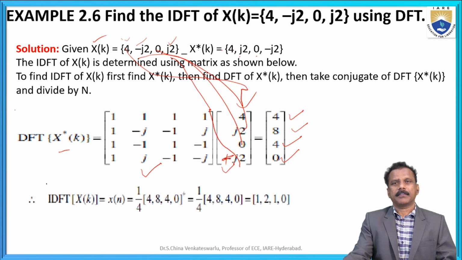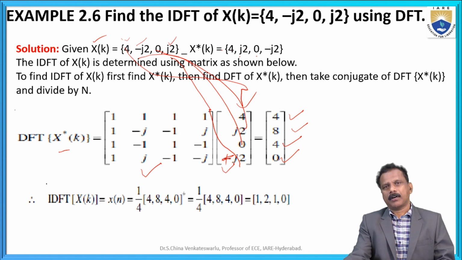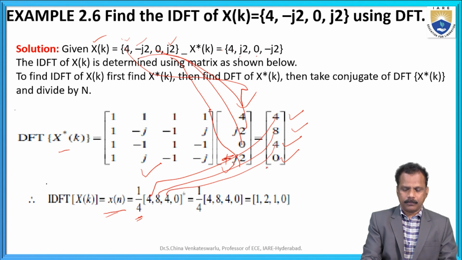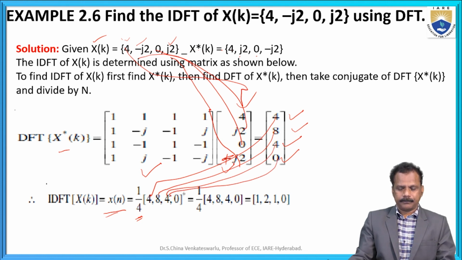So the IDFT, inverse discrete Fourier transform, of x of k is equal to x of n, which is equal to 1 by 4 of 4, 8, 4 and 0.